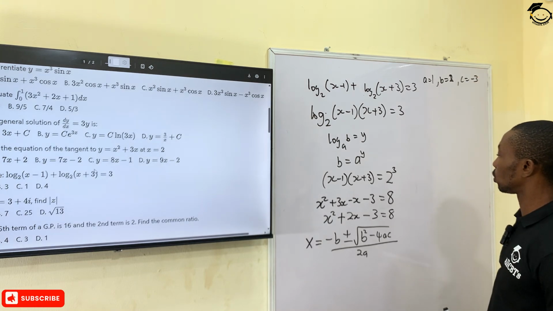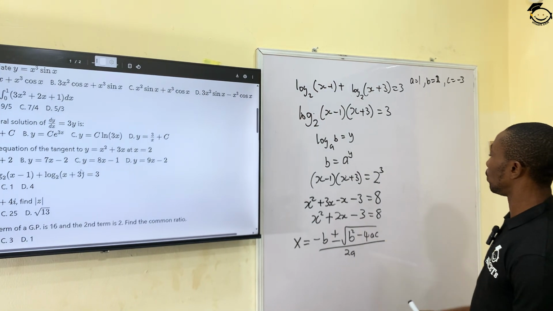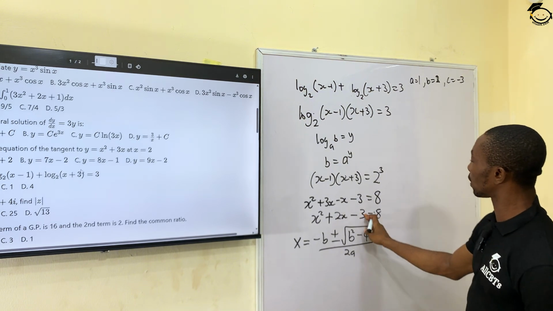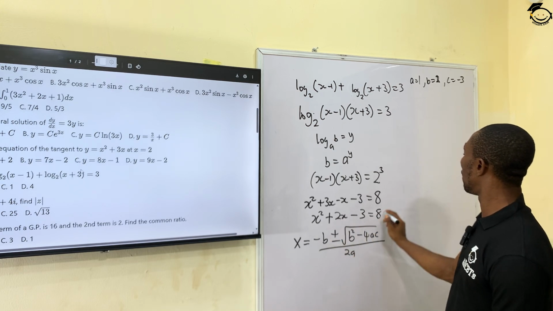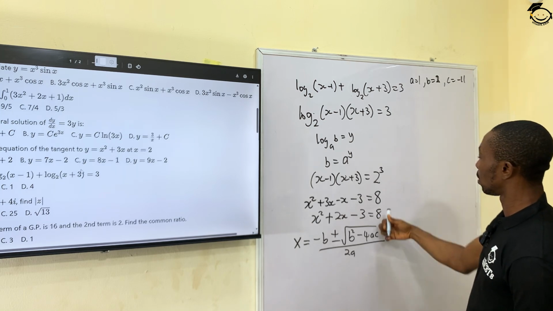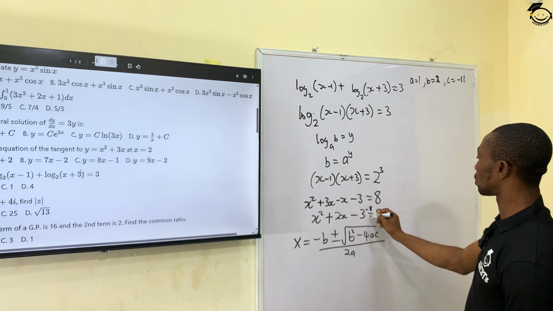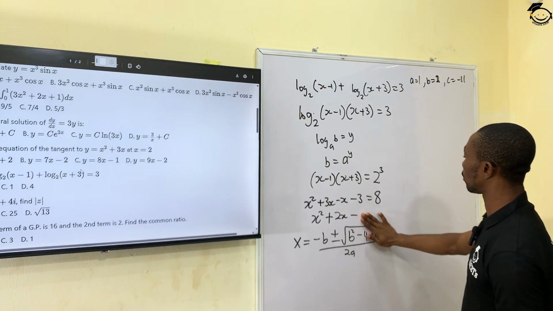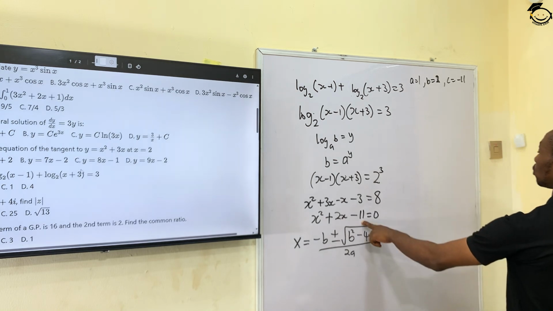Now, our c will be minus 11, because if we move this 8 over, 8 going over to meet 3 will become minus 8. So minus 8 plus 3 will give us minus 11 equals 0. So our full equation will be x squared plus 2x minus 11 equals 0. So our c will be minus 11.